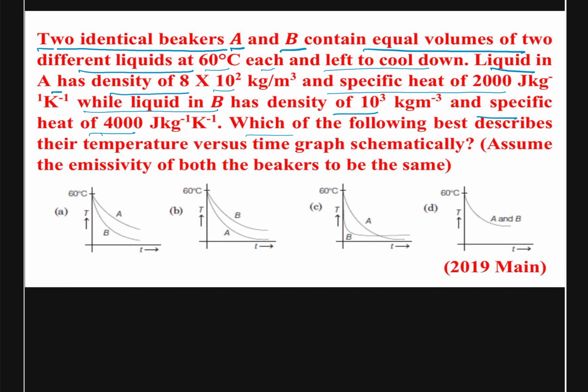Which of the following best describes their temperature versus time graph schematically? Assume the emissivity of both the beakers to be same. So in this case, we are basically going to find out the cooling rate, which is the product of their density as well as their specific heat. And from there, we can just find out the rate of change of their temperature.